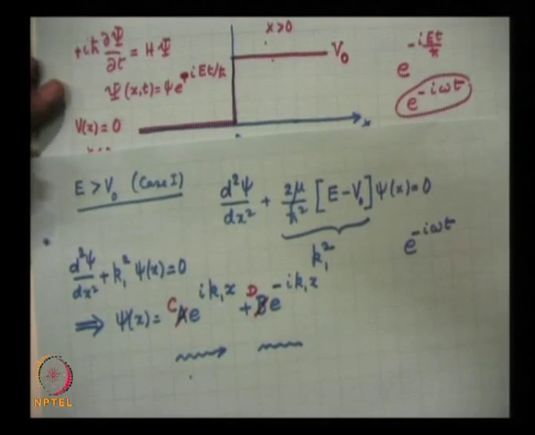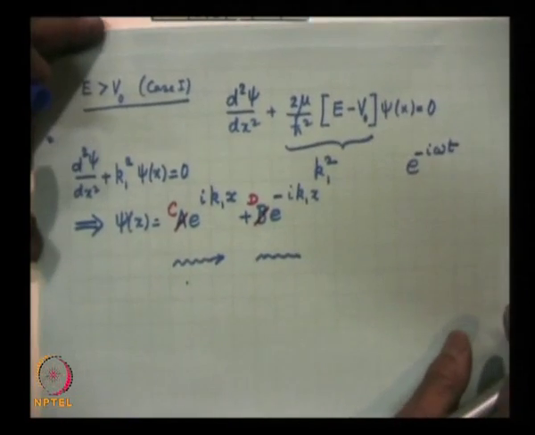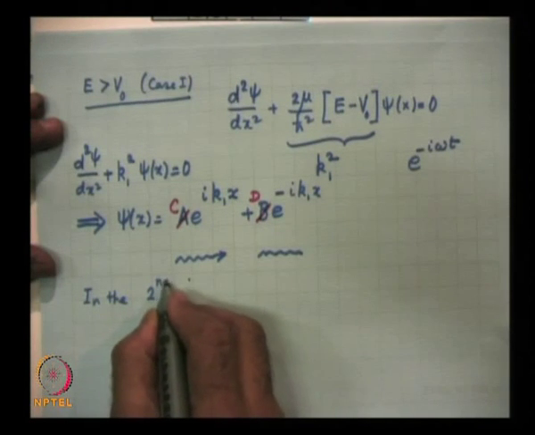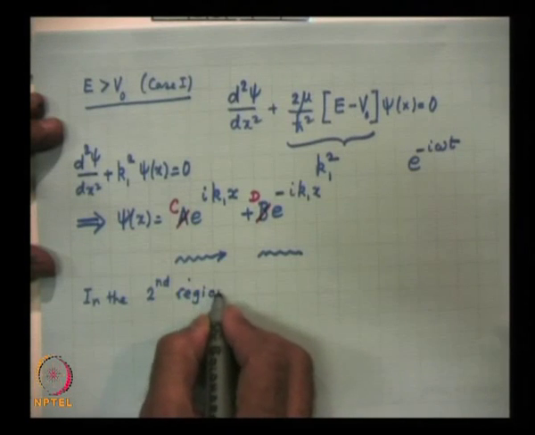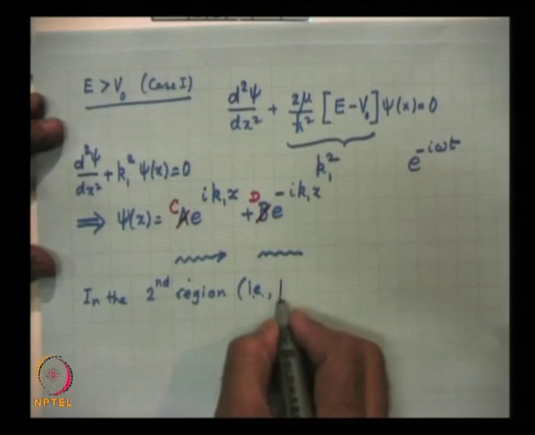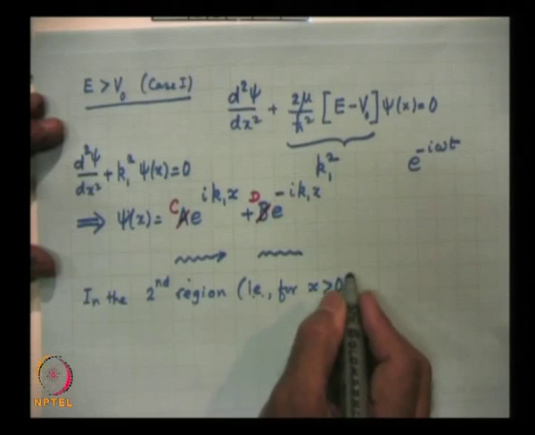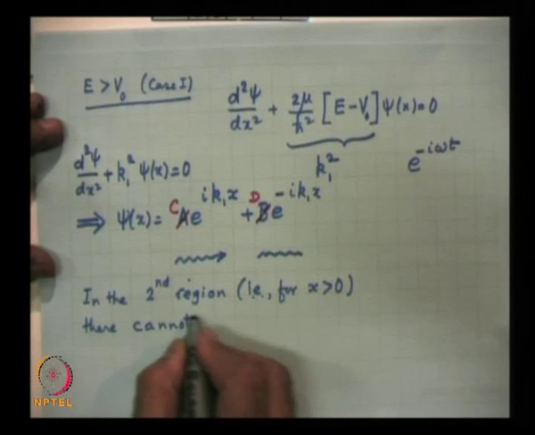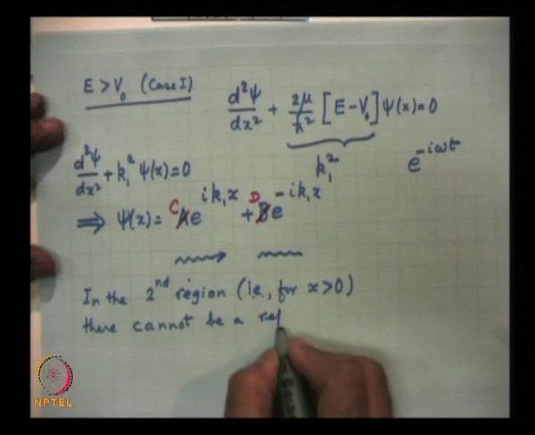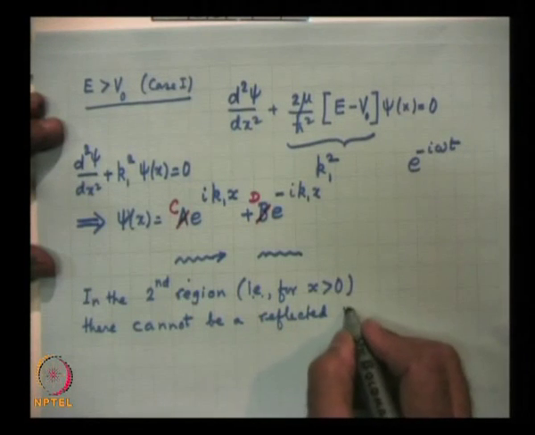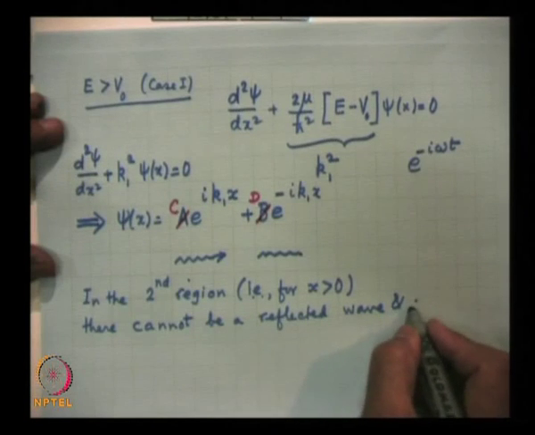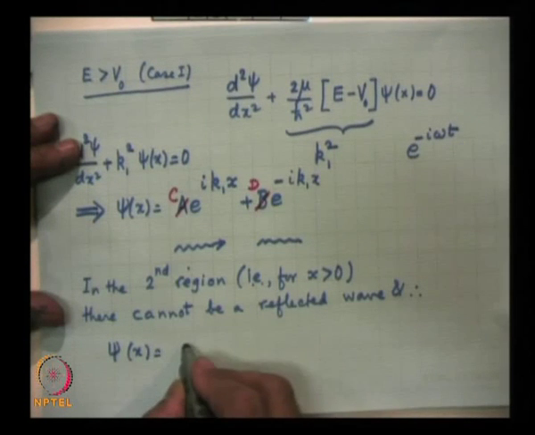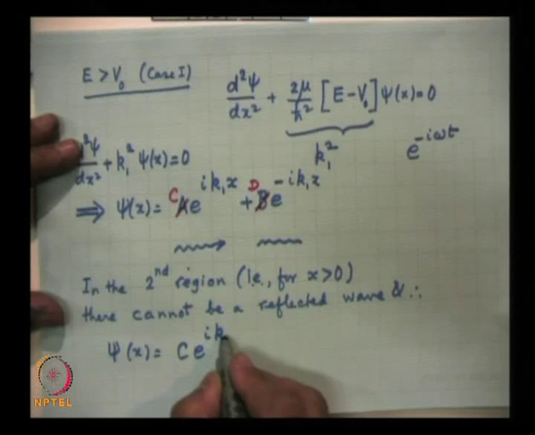Therefore, we can write that in the second region, that is for x greater than 0, there cannot be a reflected wave, and therefore, the solution is given by psi of x is equal to C e to the power of i k 1 x.